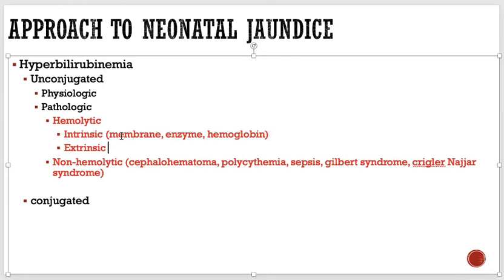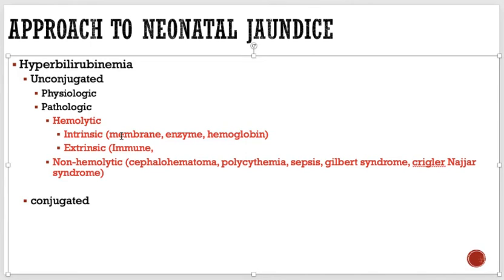Or there could be some extrinsic causes of hemolysis, for example immune causes. The best example for this type of extrinsic problem is ABO incompatibility or Rh incompatibility, where the baby has increased breakdown of cells inside the body because of ABO incompatibility.